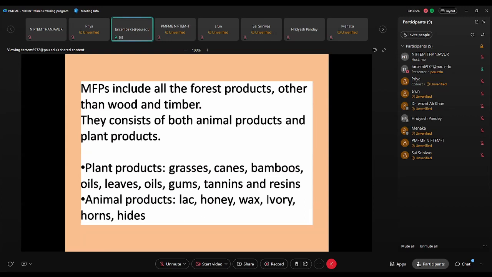Plant products may include grass, bamboos, oils. Oils can be of edible grade, just like mustard oil or other oils we use, or they can be essential oils, the volatile oils which are extracted mainly from the skin or the peel of produce like citrus fruit or even certain leaves.